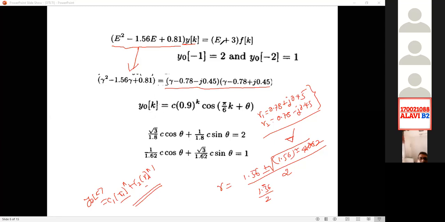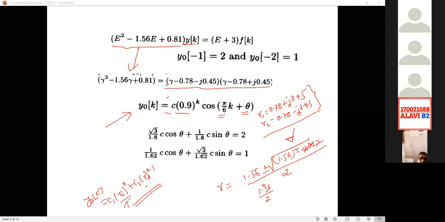In your solution, there was a constant. This was the magnitude of gamma, and this quantity is the phase angle of gamma, and k is your sample variable, theta is the angle. What angle? Theta is the angle that you do not know yet, because theta will depend on C. So in this case, how many unknowns now?